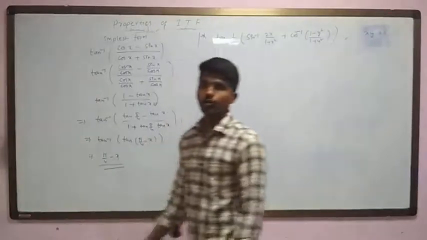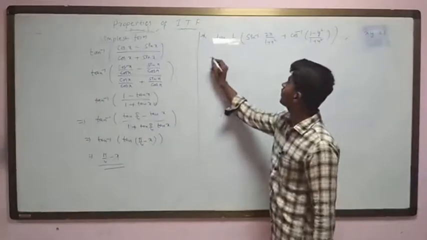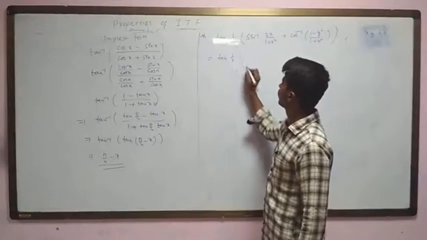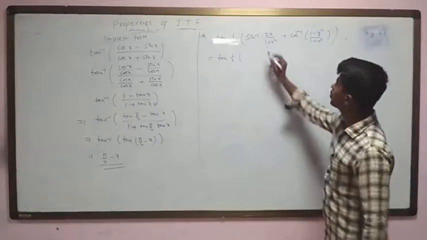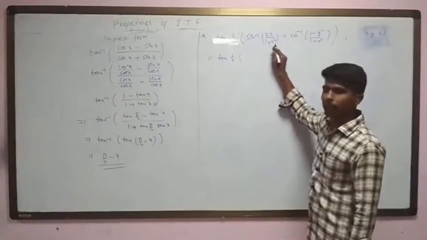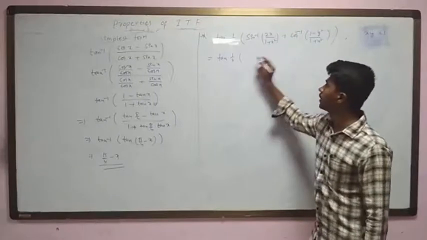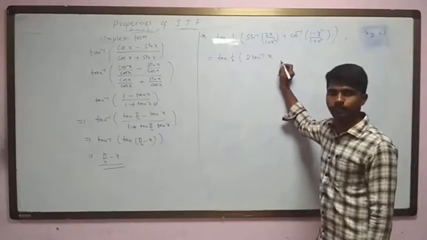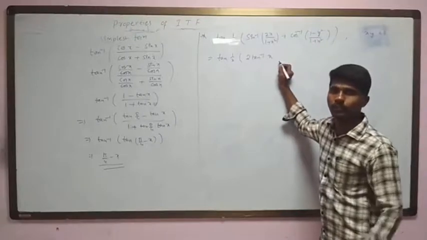So what I can do here, see, I can write this one as tan 1 by 2 of sine inverse of 2x by 1 plus x square, which can be written as 2 tan inverse of x according to the formula, right?